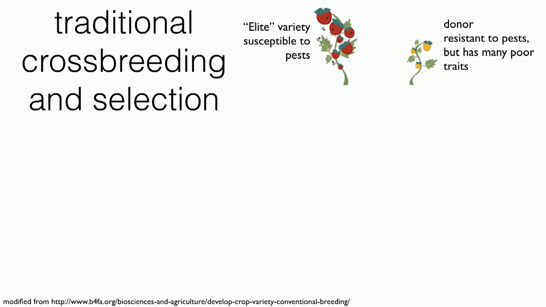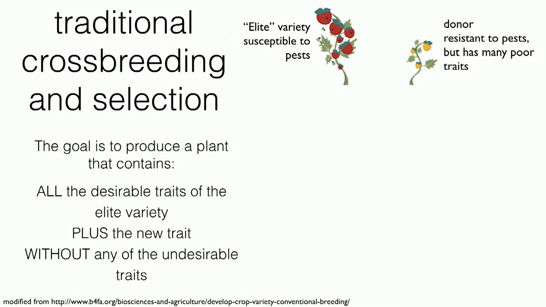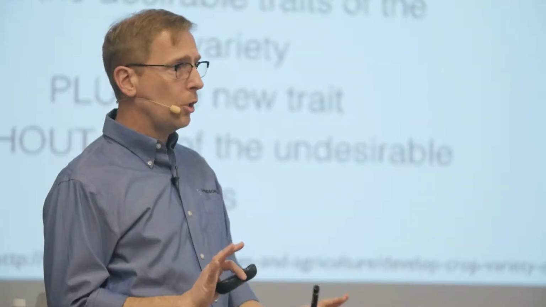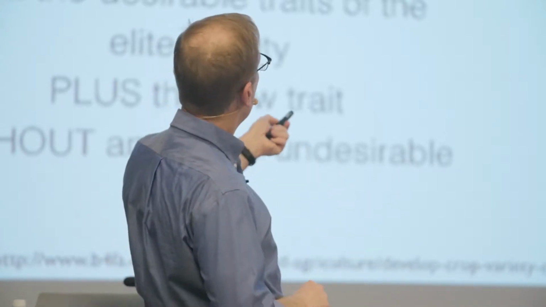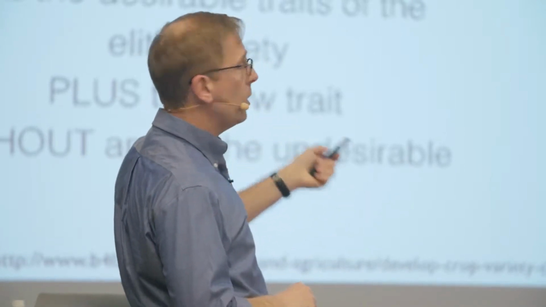So my goal as a breeder is to produce a plant that contains all the desirable traits of the elite variety, plus the resistance to pests, without any of the things that I don't want in my donor. Everybody with me? That's our goal. So here's how we're going to do it. We're going to cross our elite variety with our donor.